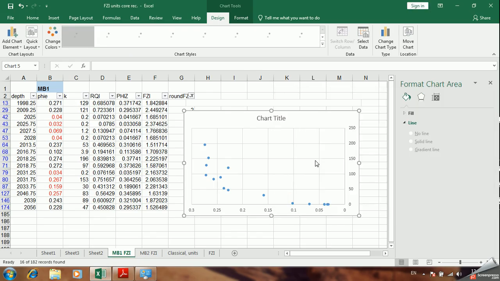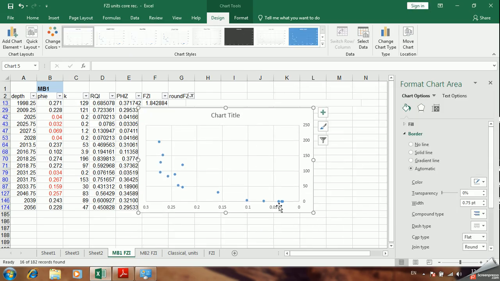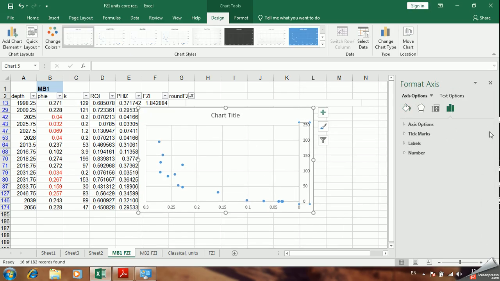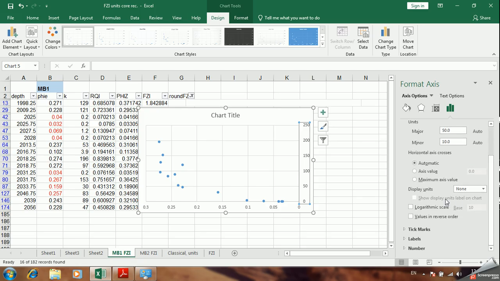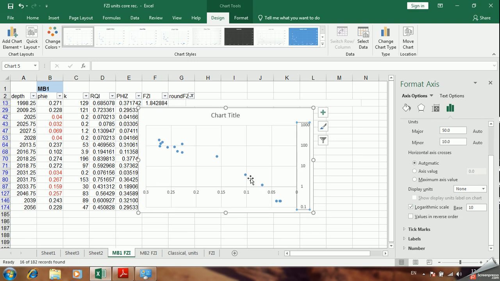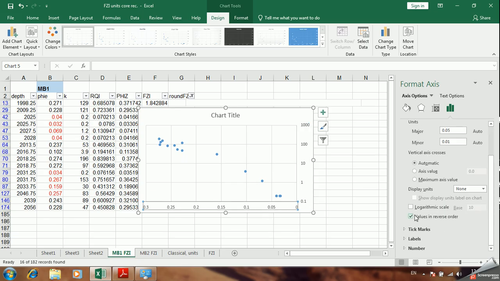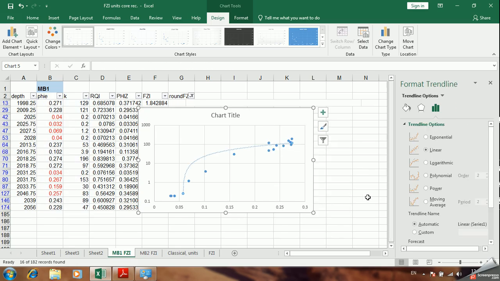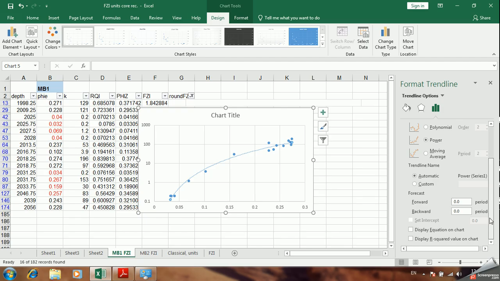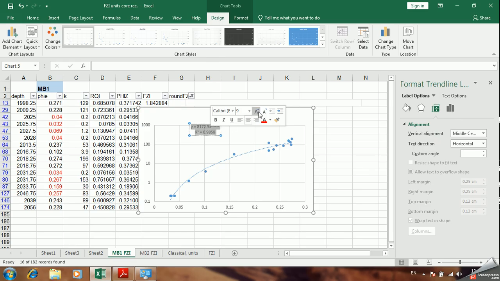So this is for the FZI 2. Logarithmic. We have the inverse and add a trend line, and find the R squared. Look at the R squared here, which is 0.98.